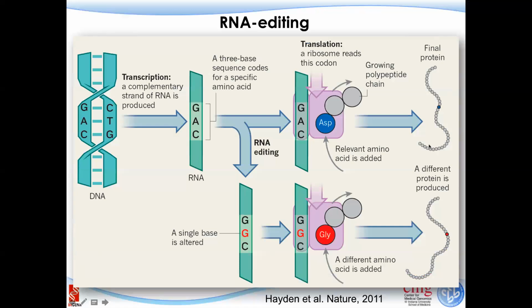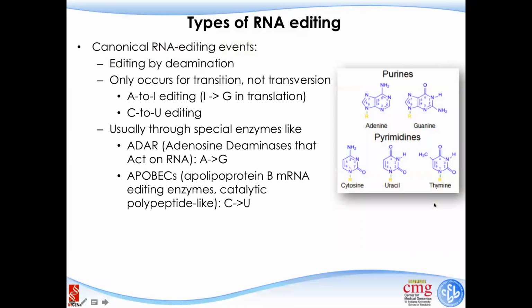It can be synonymous or non-synonymous editing and cause the same protein or a different protein. There are two typical RNA editings. One is A2I or A2G editing. The second is C2U editing. The adenosine will be changed to inosine, and the inosine will behave like a G, guanine, in the translation.